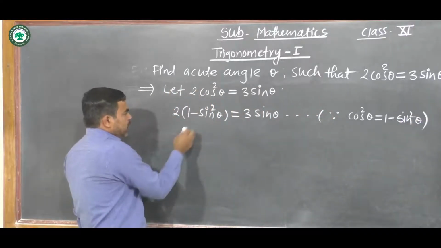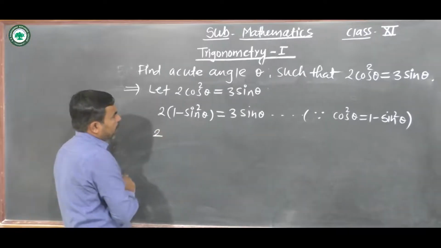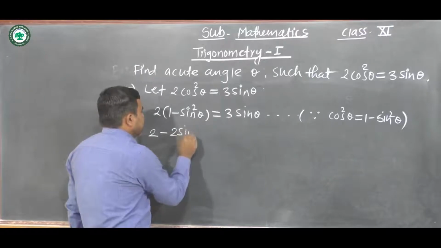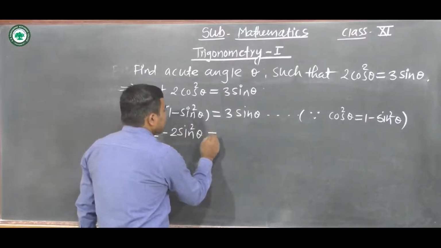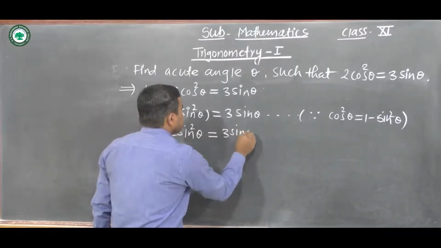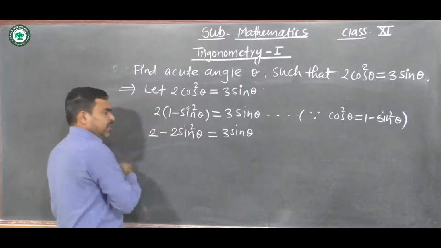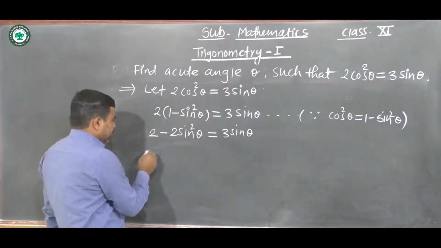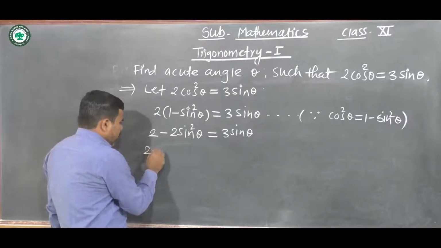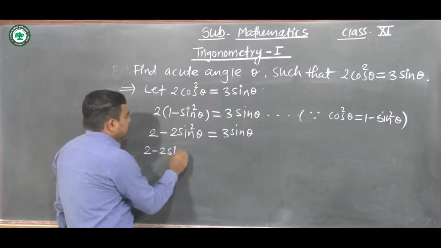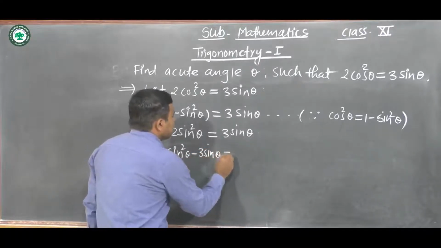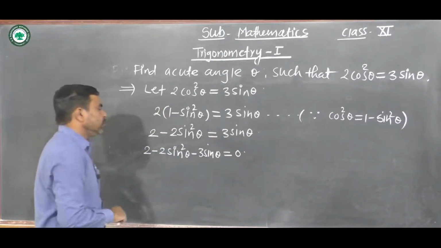Multiply this bracket by 2, so it is 2 minus 2 sin square theta is equal to 3 sin theta. Shift this 3 sin theta to the left hand side, so it is 2 minus 2 sin square theta minus 3 sin theta is equal to 0.